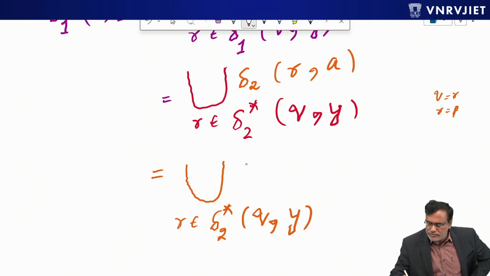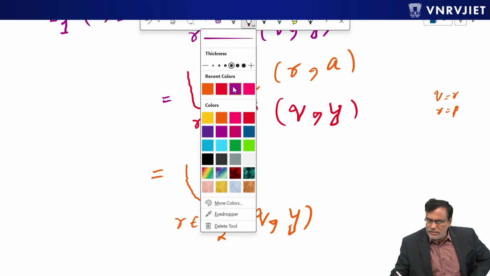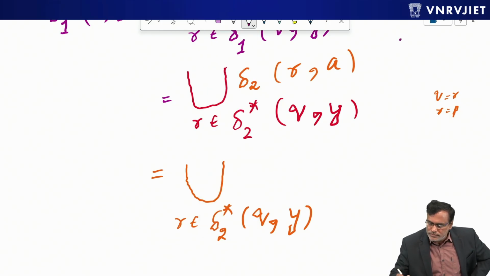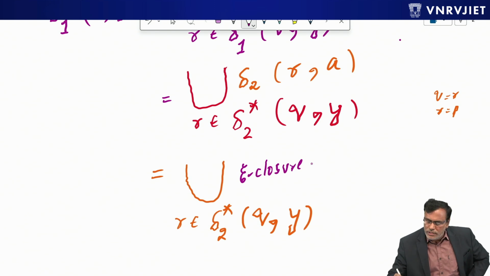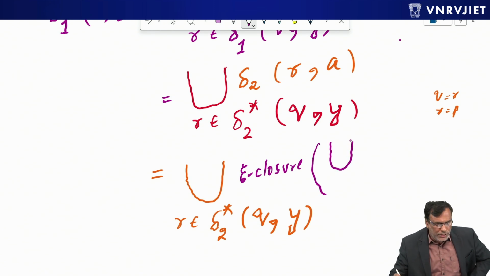Epsilon closure of, let me use a different color, epsilon closure of union of. So I am using P in place of R in the formula and using R in place of Q.